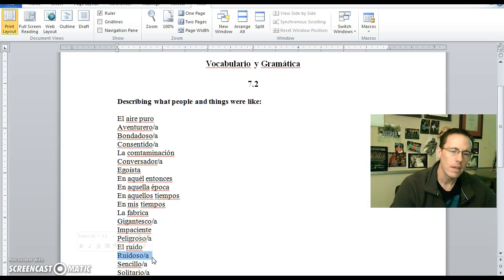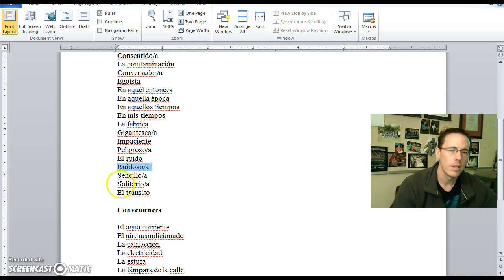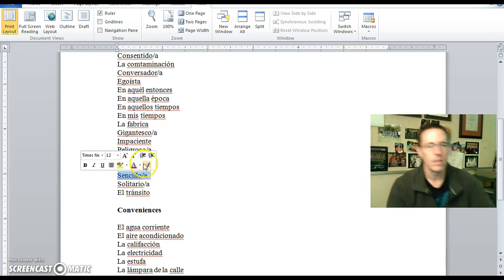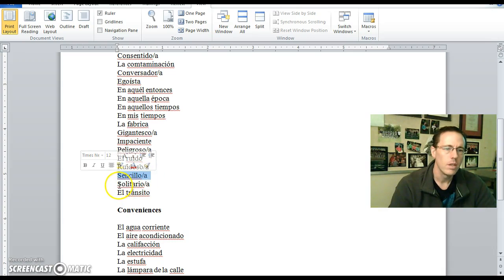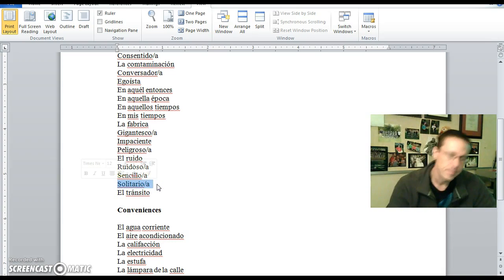Ruidoso is the adjective noisy. Sencillo is simple. Solitario is solitary or lonely. El tránsito is the traffic, not el tráfico, but el tránsito for the word traffic.